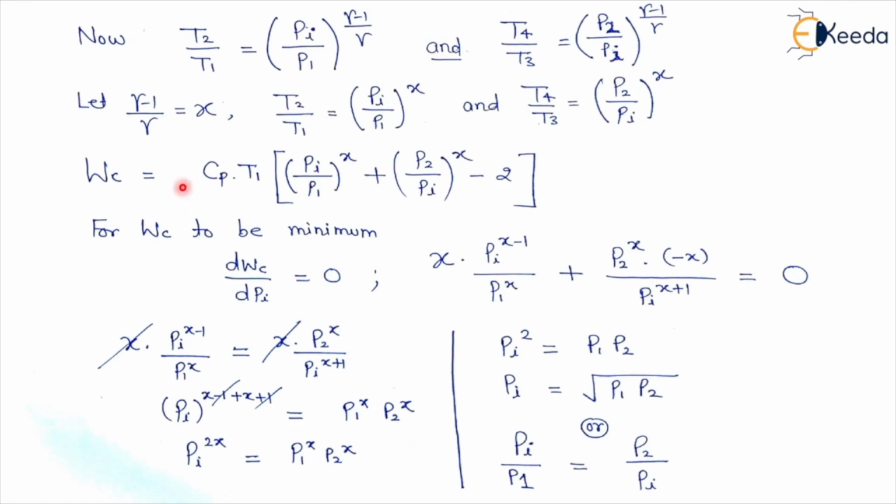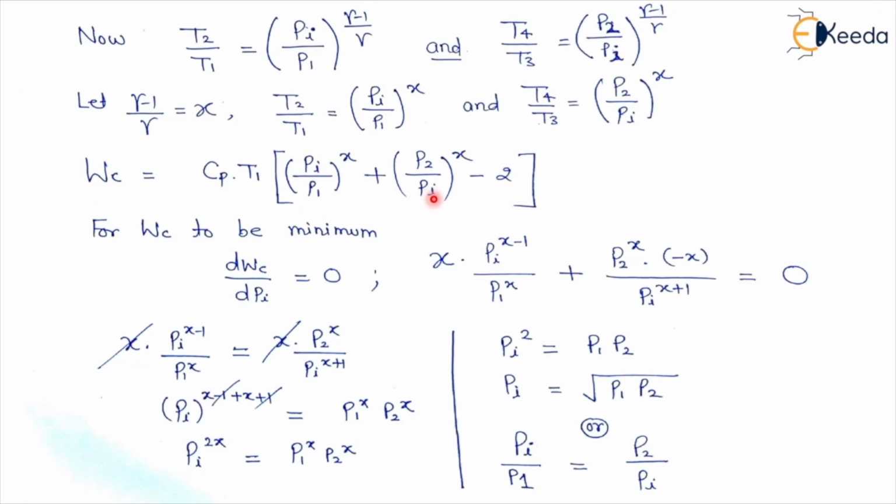So I'll get the work input to the compressor as Cp into T1 into (Pi by P1 raised to power x plus P2 by Pi raised to power x minus 2). For Wc to be minimum, I'll differentiate this work input to the compressor with Pi, because Pi is the variable here.